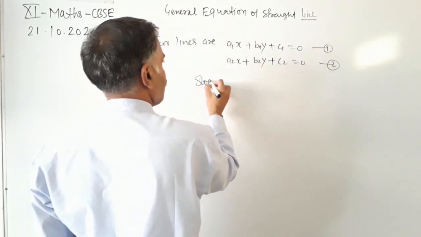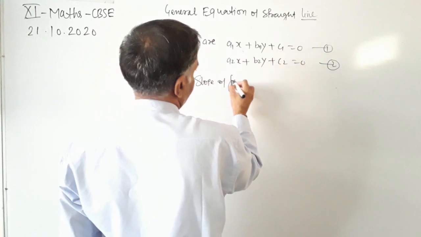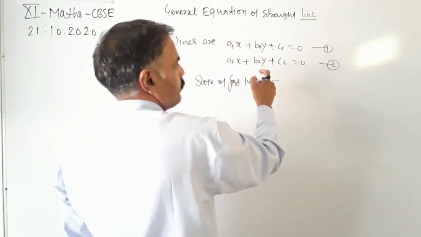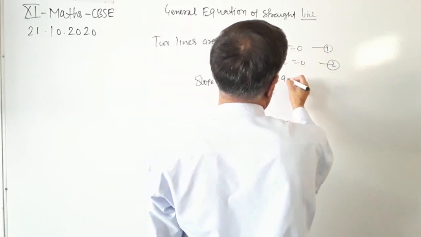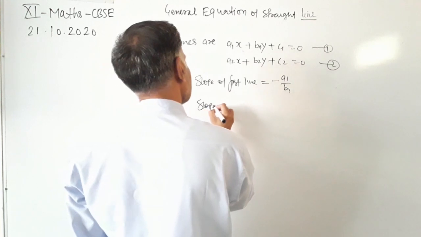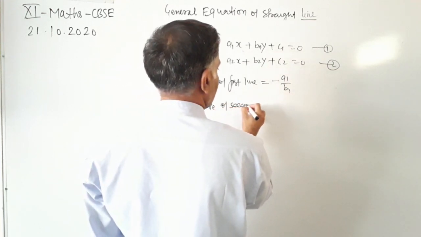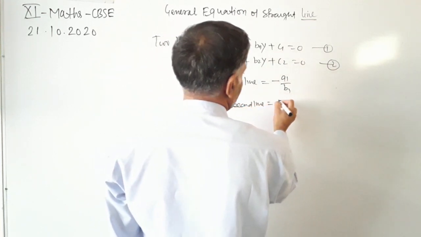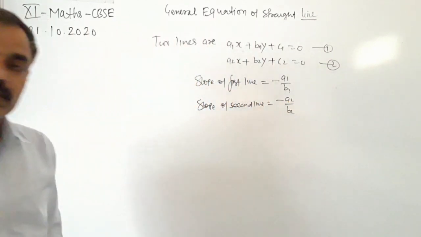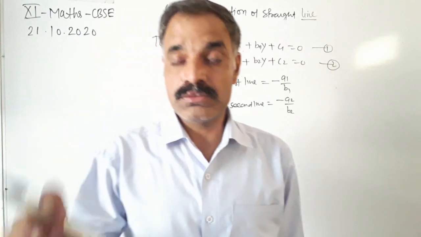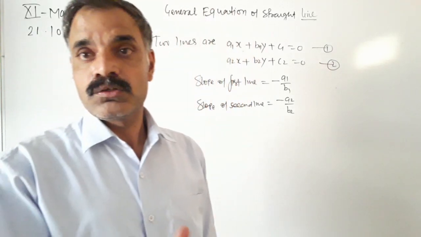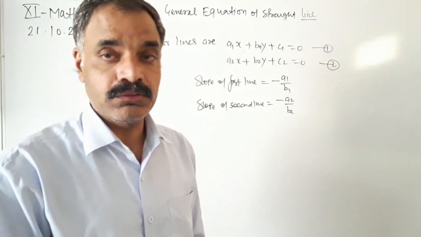The slope of the first line is equal to minus a1 upon b1. The slope of the second line is equal to minus a2 upon b2. We can find the slope from the general equation of the line: minus coefficient of x divided by coefficient of y.